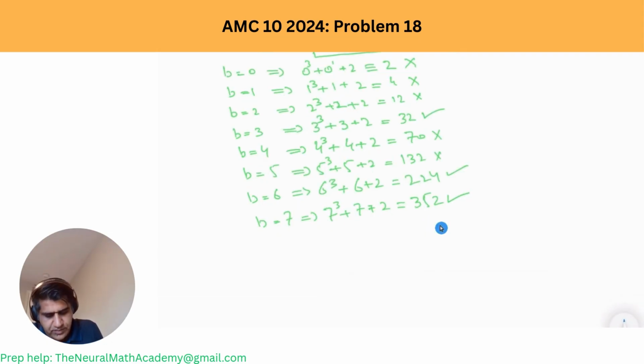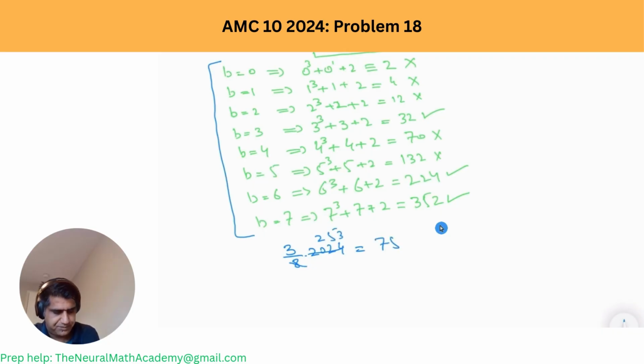Okay, so now if we see based on our work, out of these 8 numbers, 2024 is divisible by 3, right? So what we can do now, we can find out all the numbers by simply dividing 3 by 8 and multiplying by 2024. And that would give us then 253, and if we multiply then we get 759.